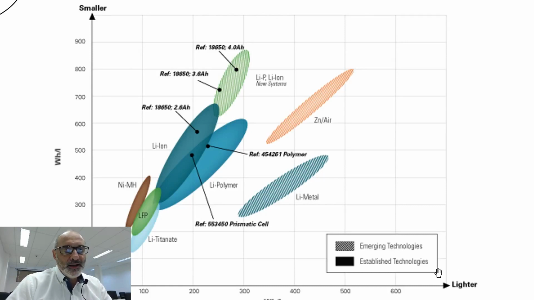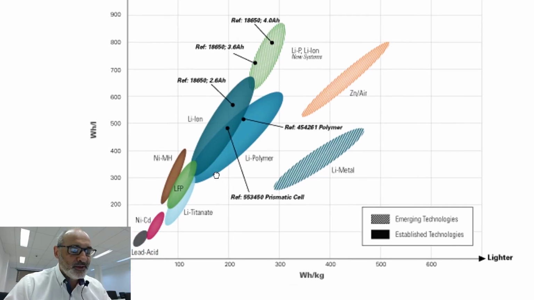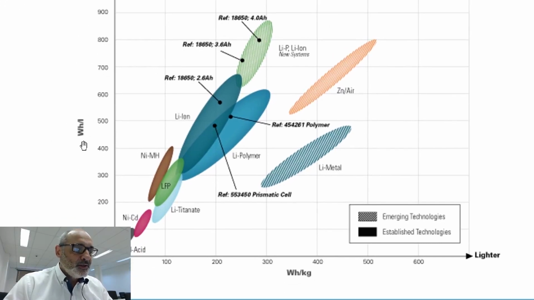Lighter matters because in your vehicular application, you have to carry this battery with you. So it's good to be light and also small, because it's not going to take a huge amount of space in your car.